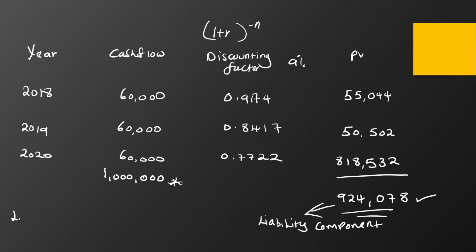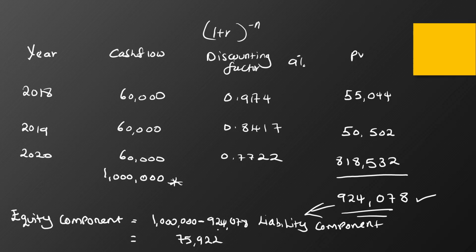So the equity component is given by 1 million minus 924,078, which is 75,922. That is the equity component.